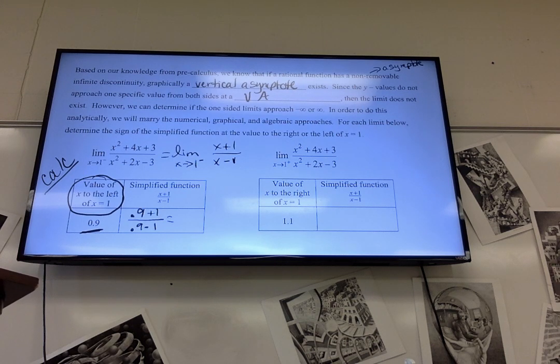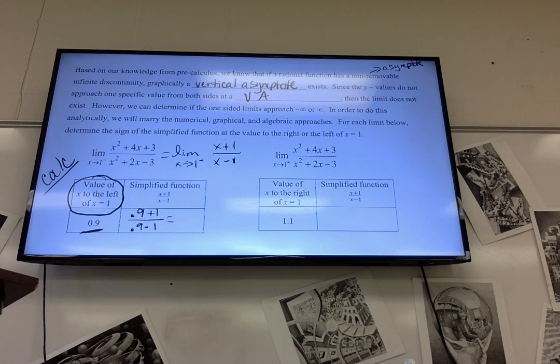So if I do 0.99 plus 1, and then I divide that by 0.99 minus 1, what do you get there? Negative 199.